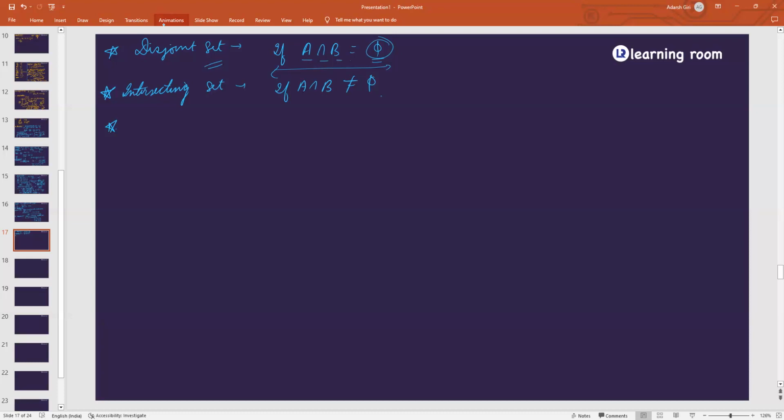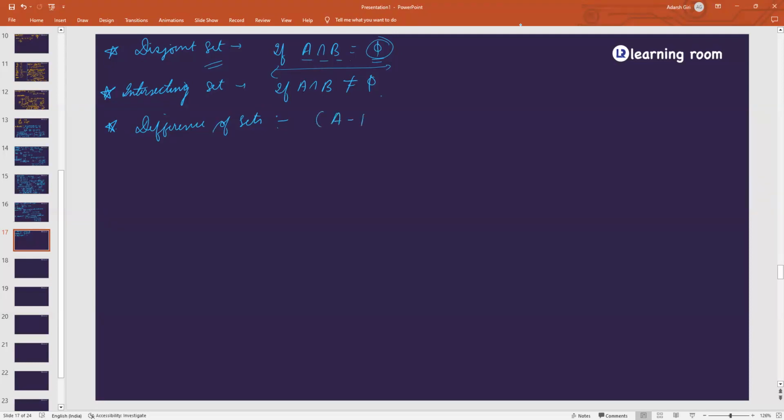Any more definitions? Yeah. There is something called difference of sets. What is difference of sets?